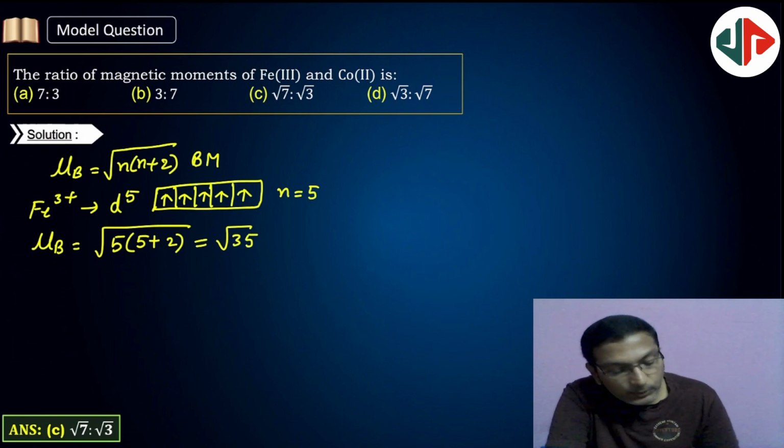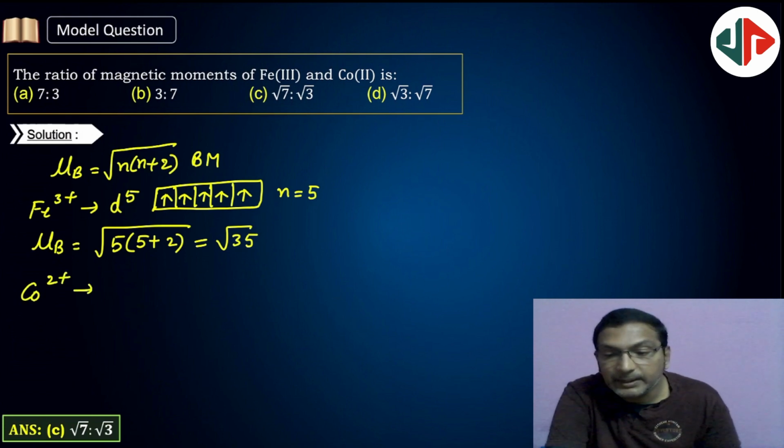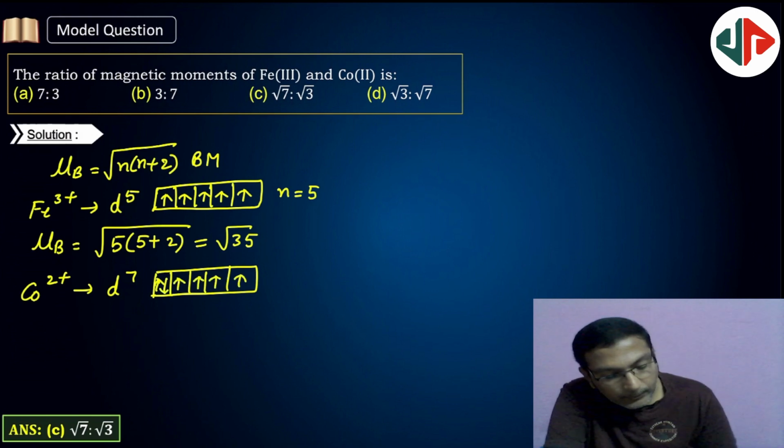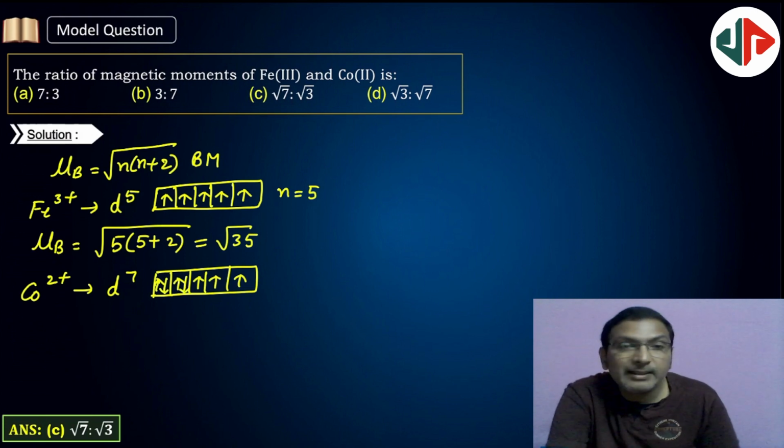Similarly, for Co2+, configuration will be d7. D7, you know, two pairs and 3 unpaired.